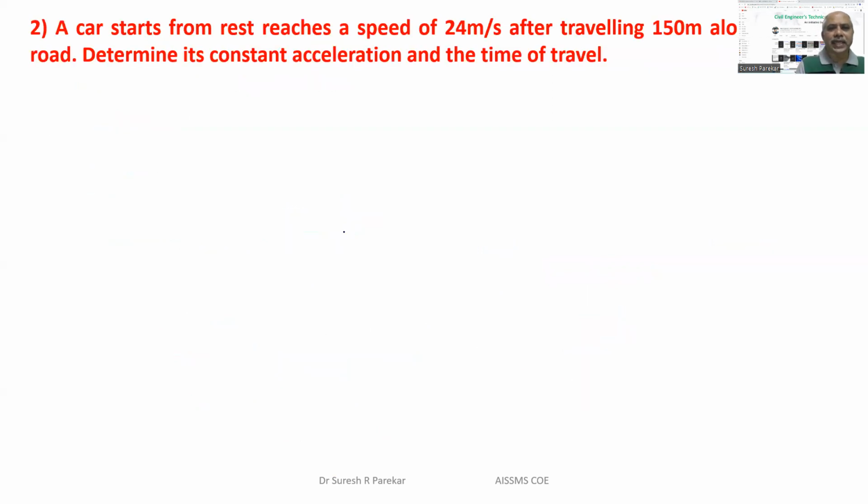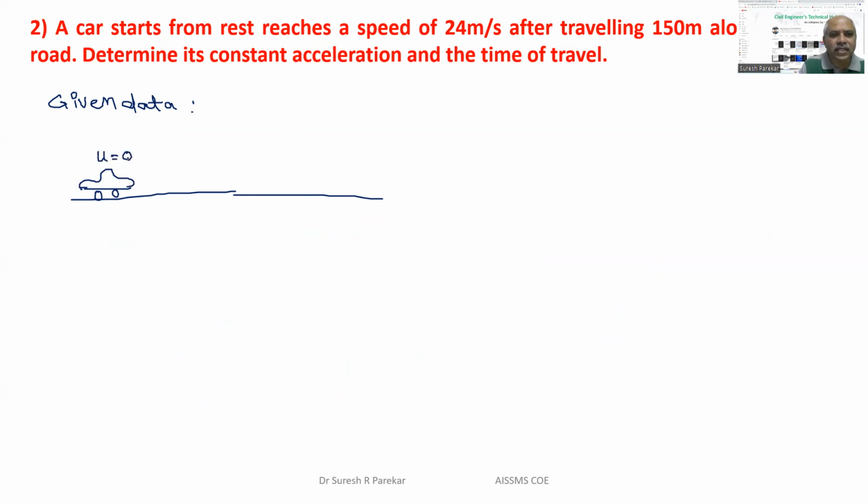Then we will go to the second problem. Car starts from rest. So again, I already mentioned, always be habitual to draw the diagram and show data in this. You can solve the problem very easily. So you can see a car starts.